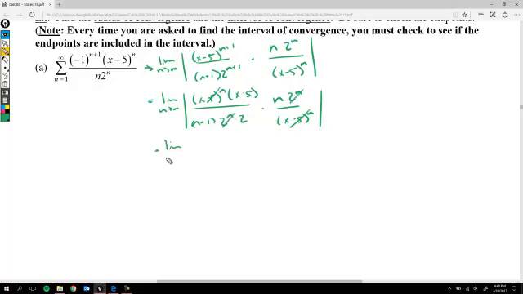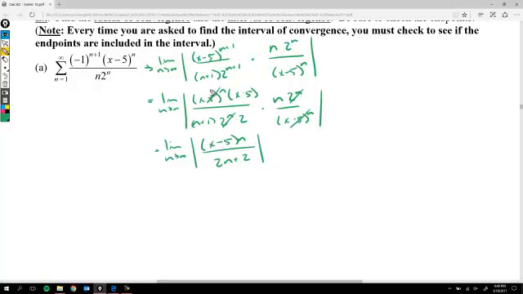And so I'm left with my limit as n approaches infinity of x minus 5 times n divided by 2n plus 2. I just distributed this 2 to my n plus 1 right there. As I approach infinity and my powers are the same on n, my variable is not x, it's n, then I compare my coefficients. That's kind of the weird thing right now. One of my coefficients has a variable in it, but that's totally fine.